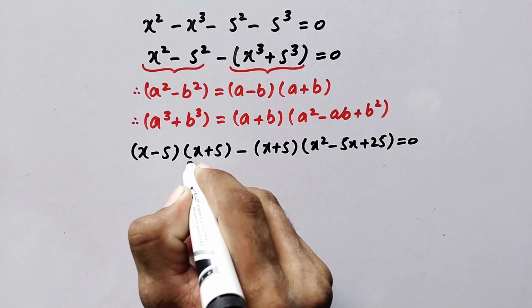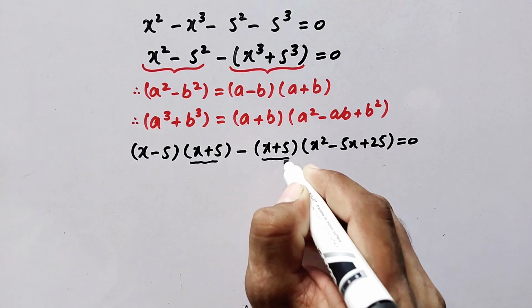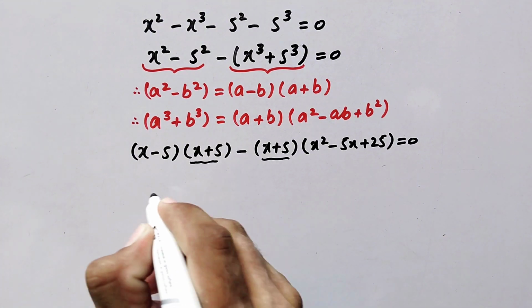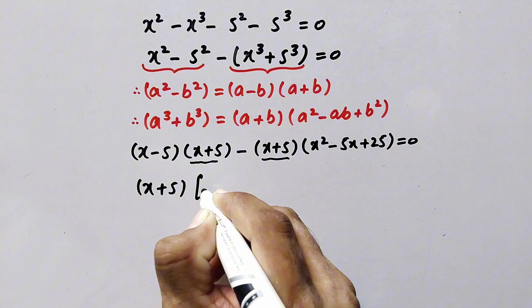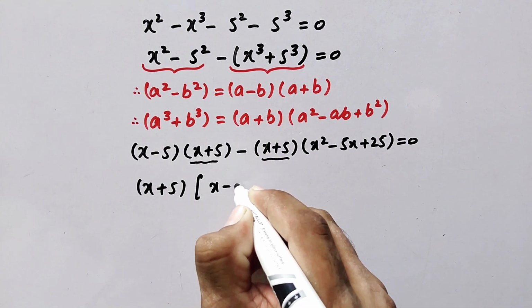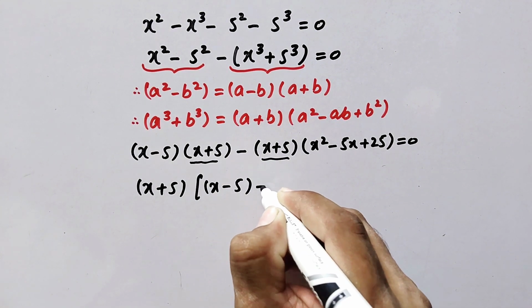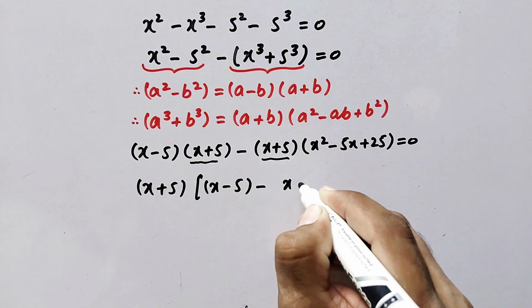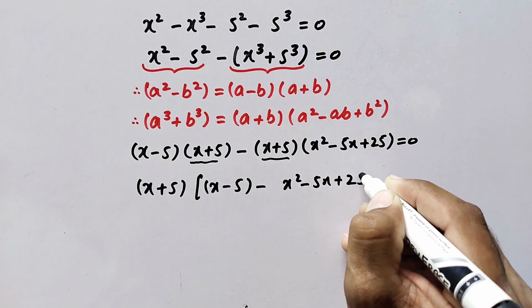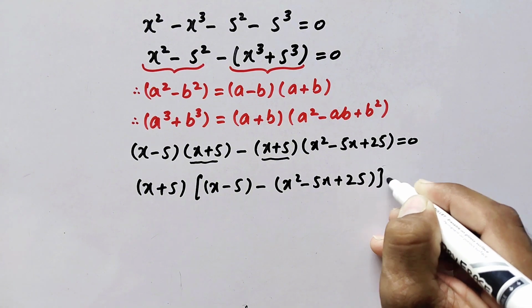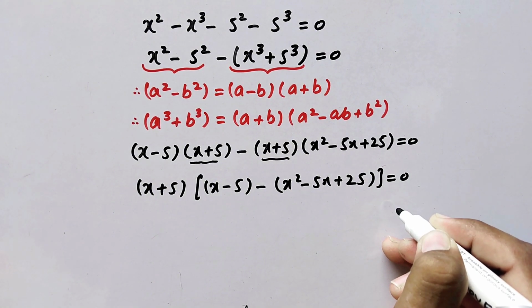Now here we can see that this value x plus 5 is repeating, so we will take it out as a common factor, so that what is left will be x minus 5 minus x square minus 5x plus 25 equal to 0.